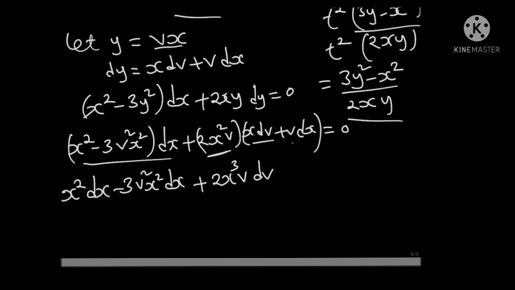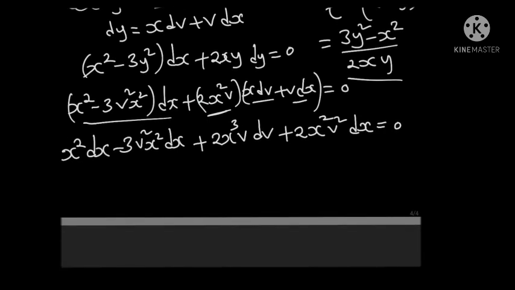Let's multiply this and this, we have 2x squared v squared dx equals 0. Let's cancel x squared from all the terms.